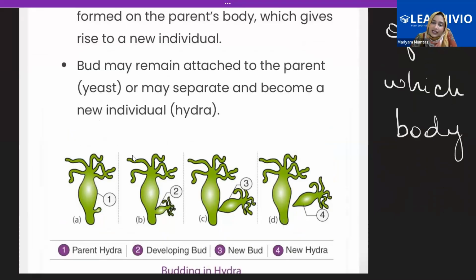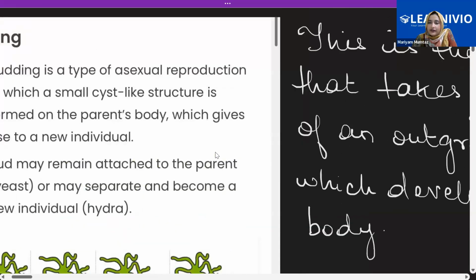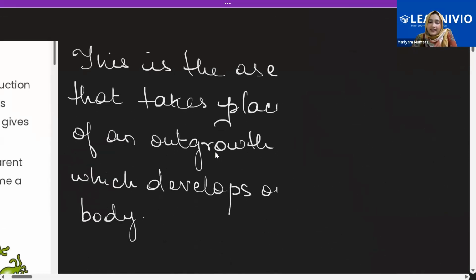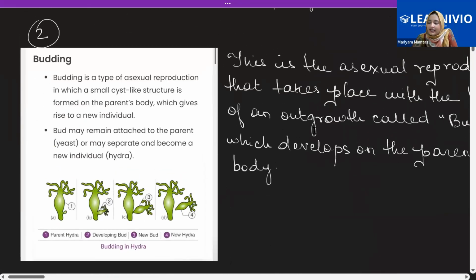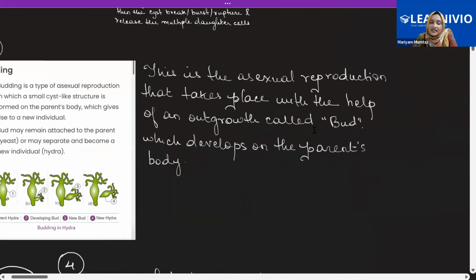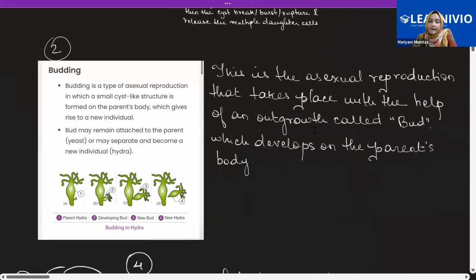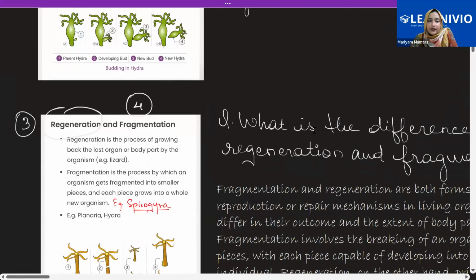Basically, budding takes place with the help of an outgrowth called the bud, which develops on the parent's body, not inside, on top of it, outside. Budding is clear to everyone? With diagram, is it clear? Yes, ma'am. Okay.